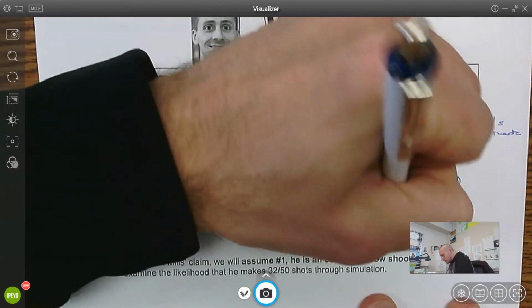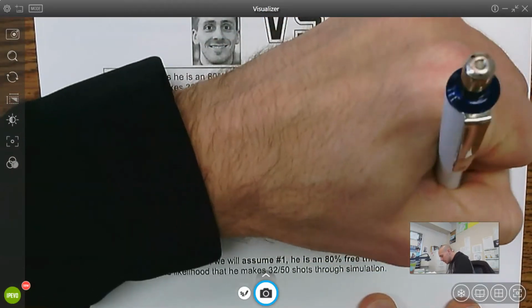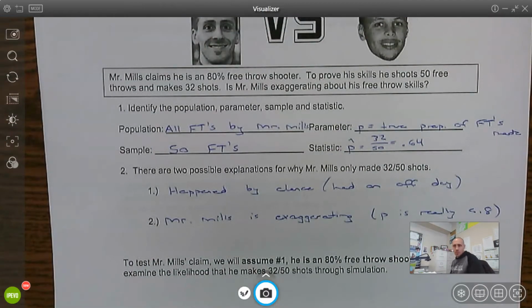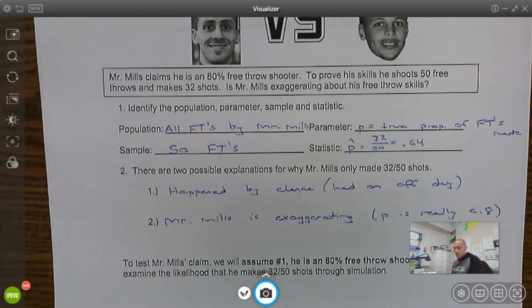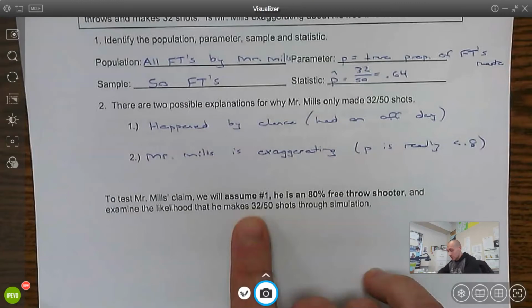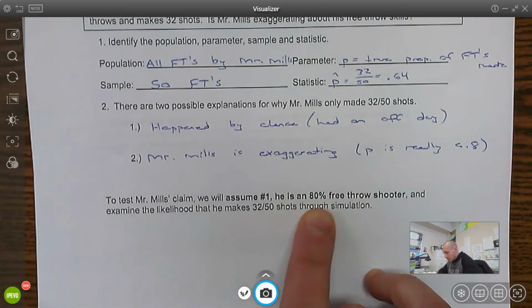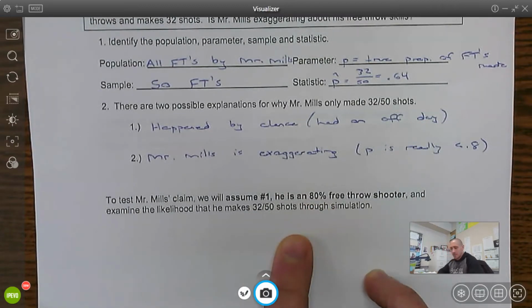So what that would mean is p is really less than 80%. That true proportion is really less than 80%. So here's what we're going to do. We're going to test this claim. In order to do that, we are going to assume that I am an 80% free throw shooter, and it just happened by chance.